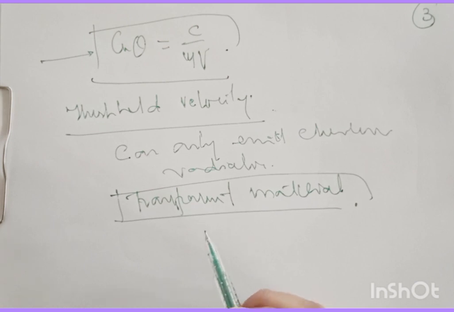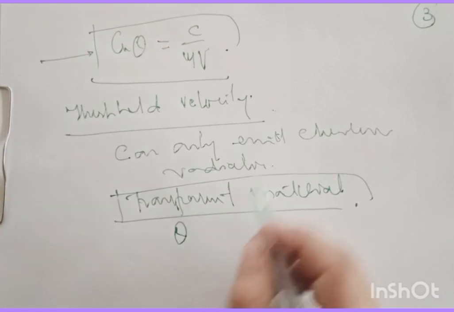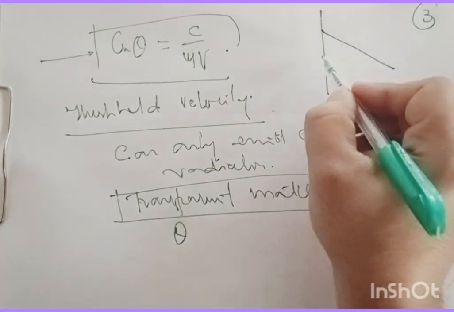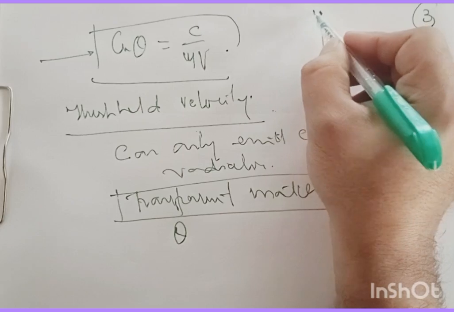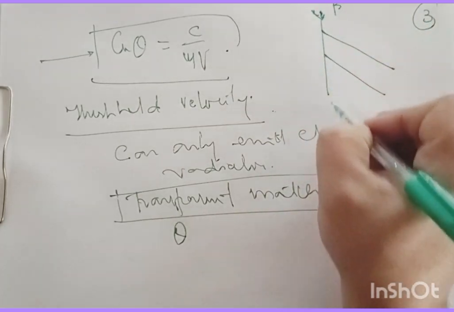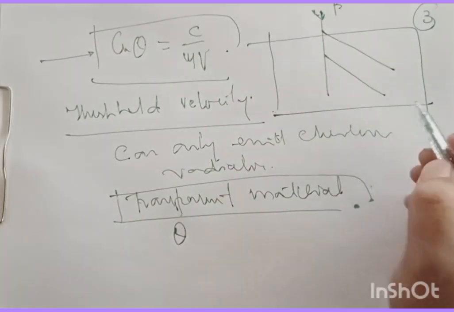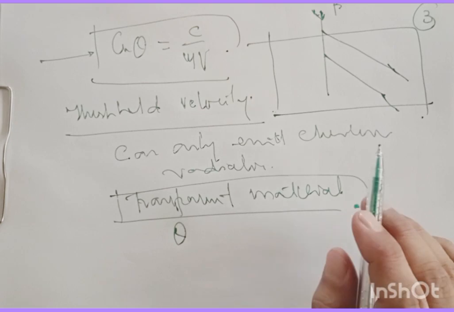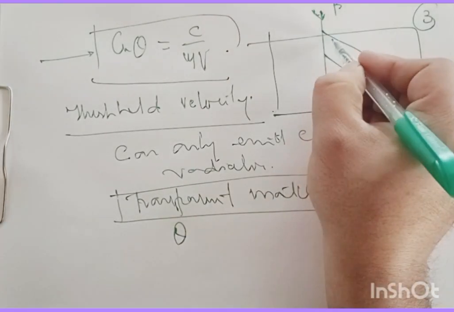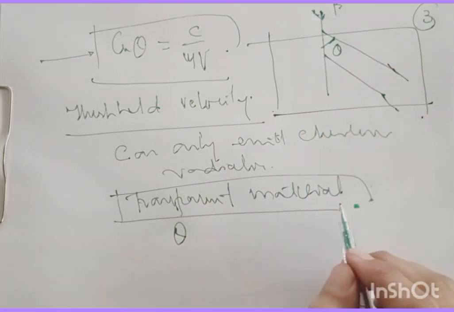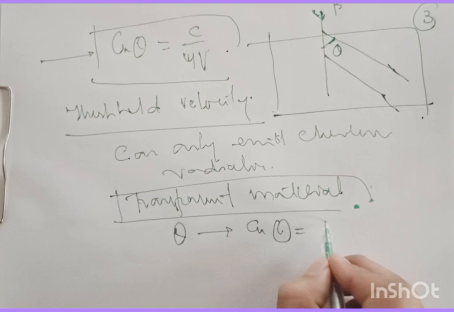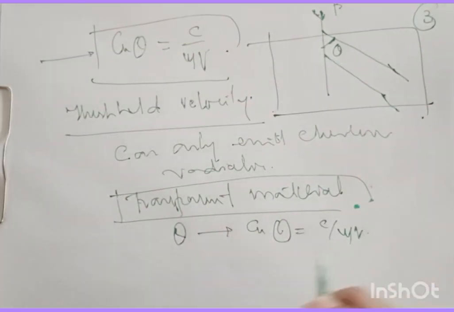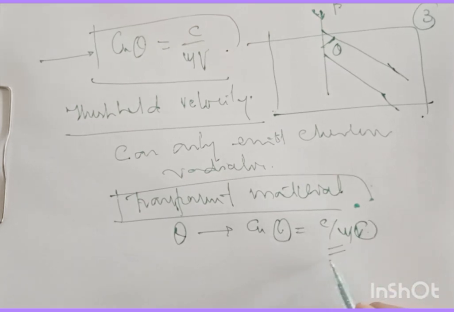As for the angle θ that we chose in our original problem, where the beta particles were moving in this direction through a transparent medium, cos θ is c by μv. Therefore, we can calculate the velocity of the incident particle by simply knowing the refractive index of the transparent material used in detection.